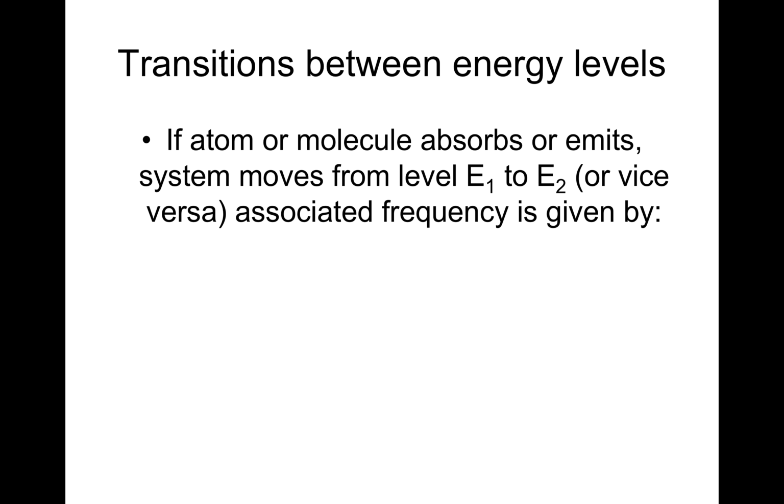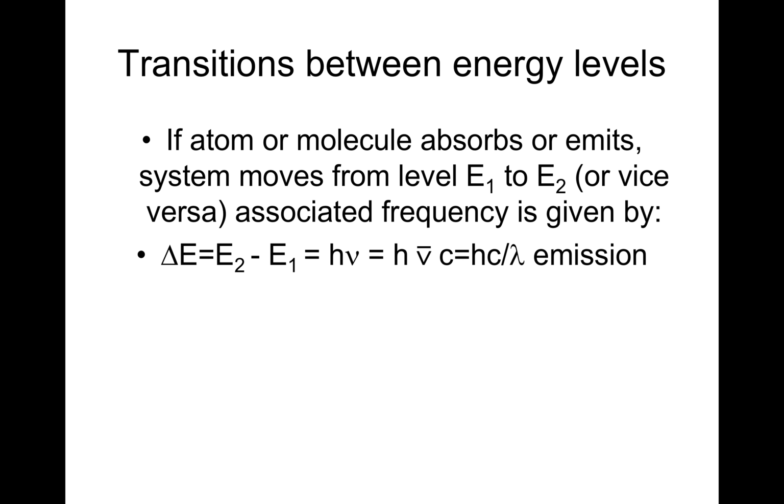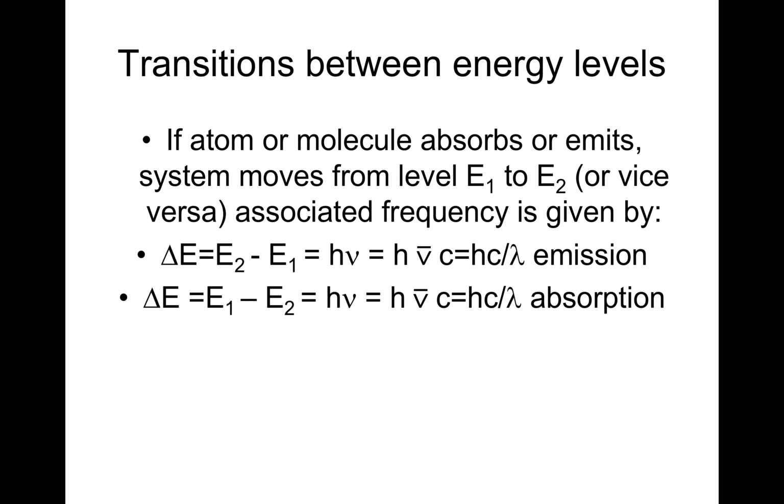The associated frequency is given by delta E equals E2 minus E1, which is equal to h nu, where h is Planck's constant and nu is the frequency, or h nu bar c, where nu bar is frequency per centimeter, or hc over lambda, where lambda is the wavelength of the energy. Emission, delta E equals E1 minus E2, which is again equal to h nu, which is equal to h nu bar c, which is equal to hc over lambda, and that would be absorption.